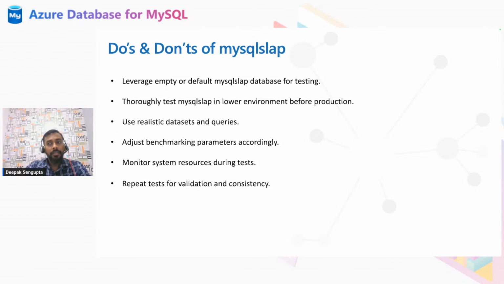Now, if you're running auto-generate-sql against an existing database, as part of the cleanup process, it might delete or clean up the database that you have. So keep in mind, if you're using mysqlslap with the auto-generate-sql parameter, ensure that you're using it only against an empty database or against the default mysqlslap database.